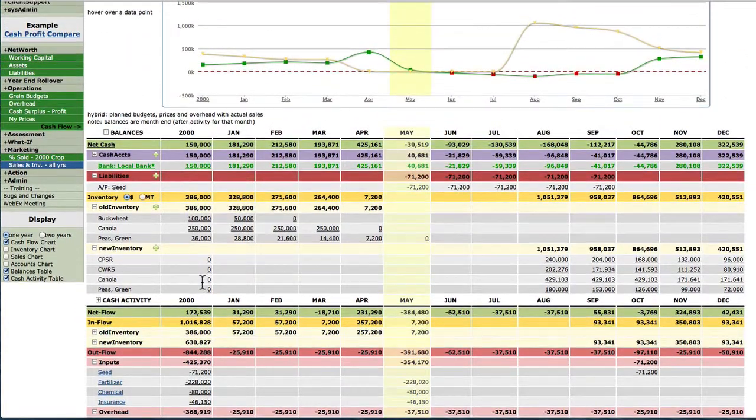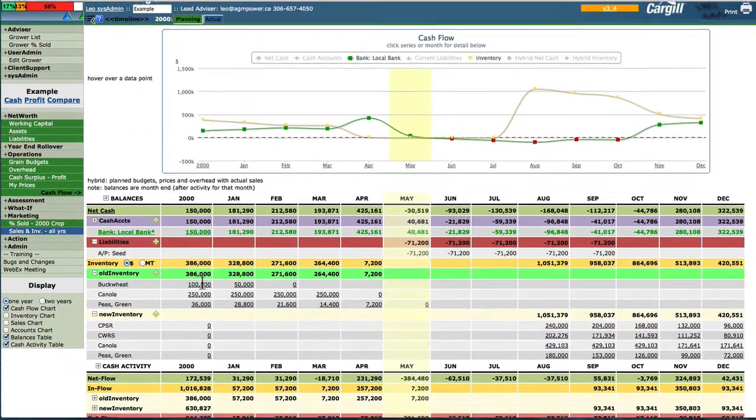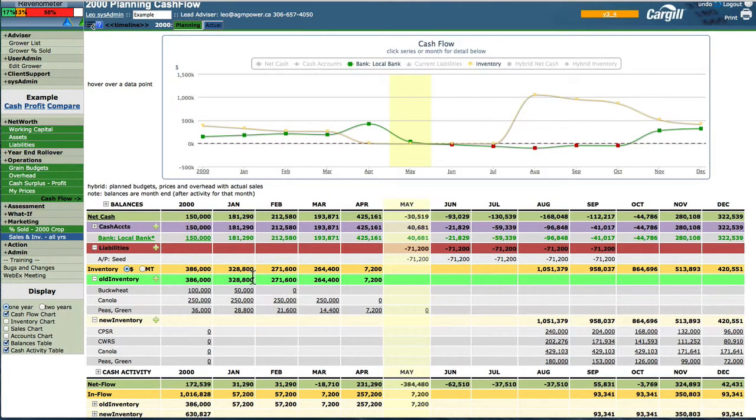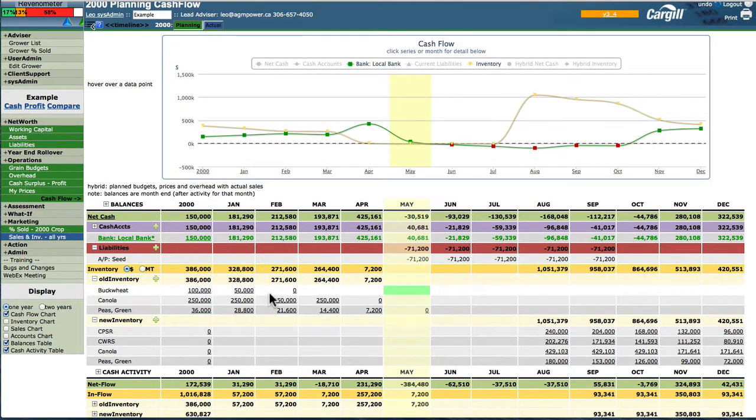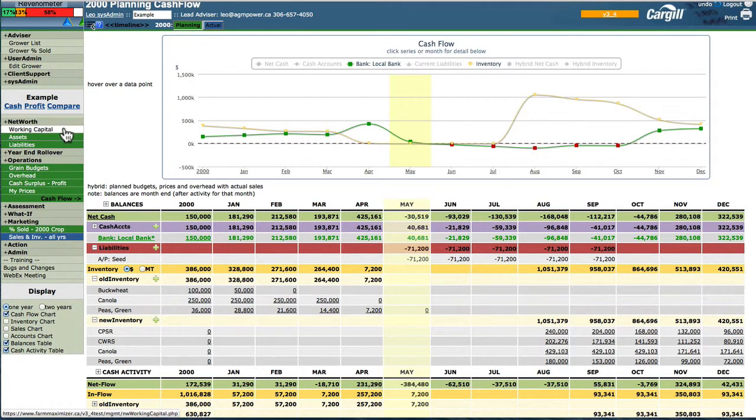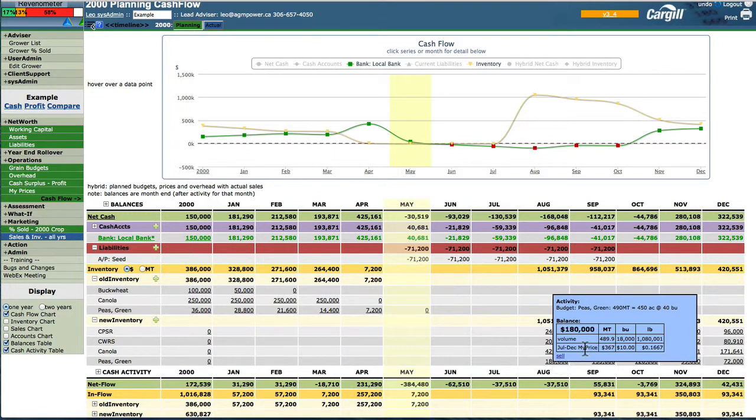Sales in actual cash flow do not occur unless you make them. Sales in planning are going to occur automatically, but you can change as needed. But they are going to be using the prices set out in working capital for old crop and my prices for new crop.